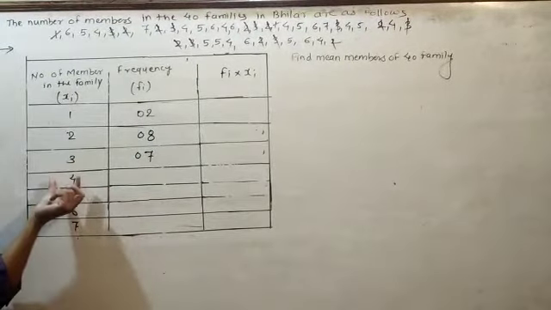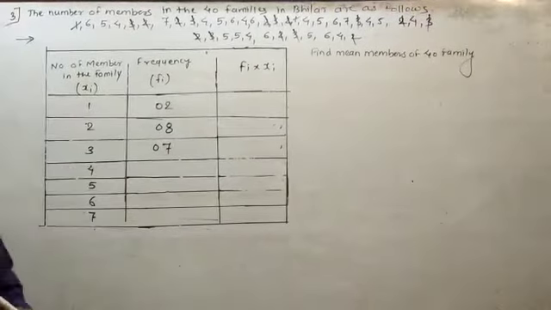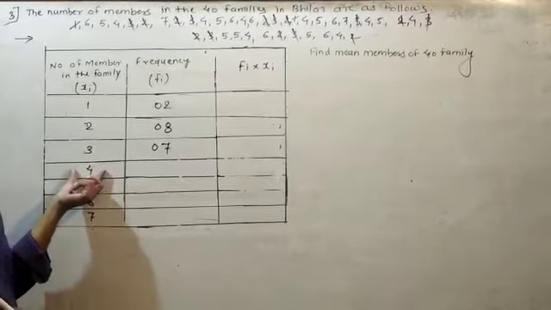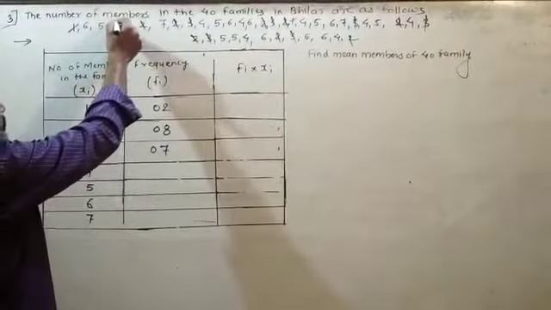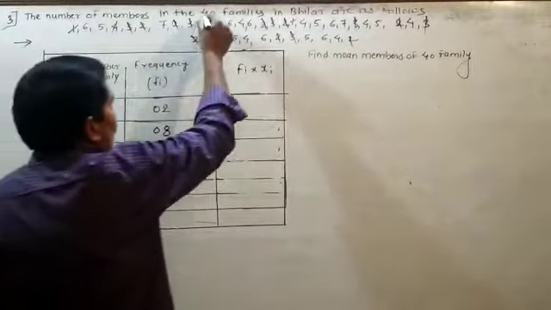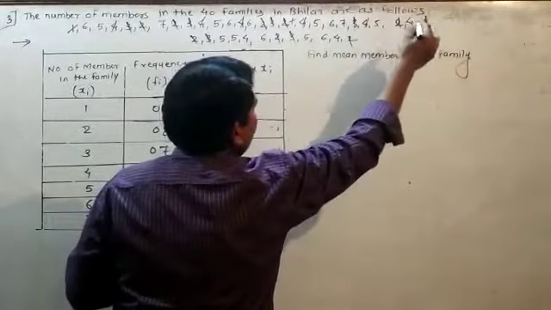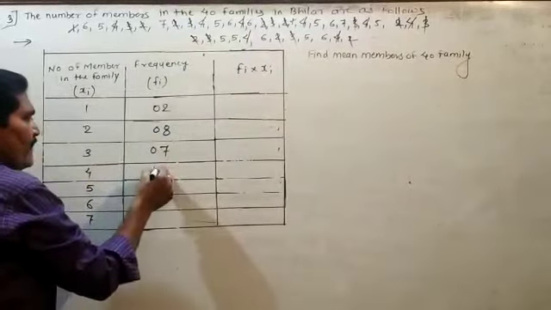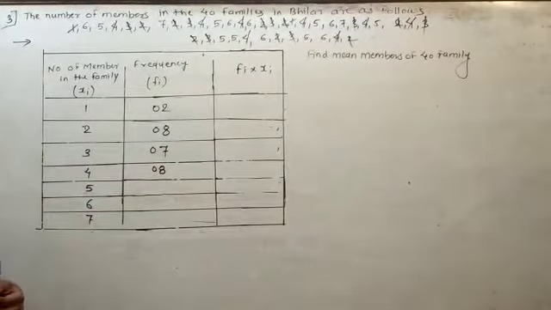Then you have to find out the frequency of 4. How many times will 4 come in the data, that you have to see. 1, 2, 3, 4, 5, 6, 7 and 8. 8 times 4 will come, which means 8 families hold 4 members.